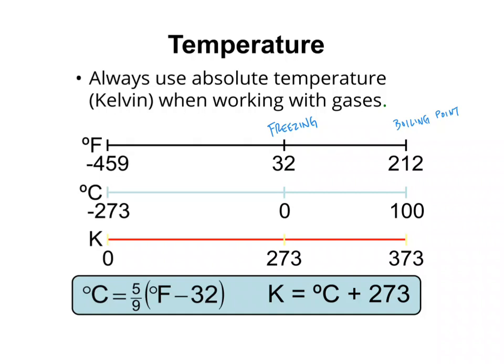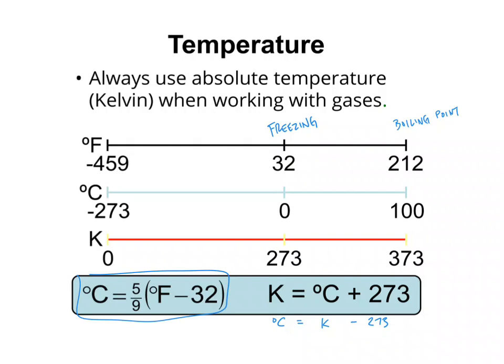If you are given Kelvin and you need to convert it to degrees Celsius, then degrees Celsius equals your temperature in kelvins minus 273. So converting Celsius to Kelvin or Kelvin to Celsius is an easy one. It's simply the addition or subtraction of 273. We're going to measure gas temperatures in Kelvin, so we'll have to be familiar with this conversion. Converting Celsius to Fahrenheit, we're not going to be using that much in this unit, but here's your conversion equation if needed.